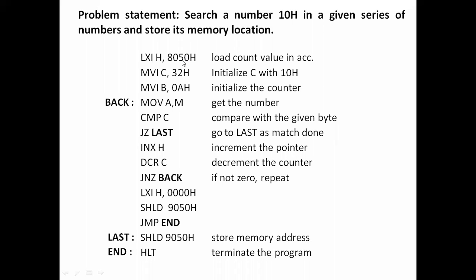This is the initialization of the memory pointer. The explanation is not correct. It is the initialization of the memory pointer from 8050 onwards. This is a wrongly written comment. I will correct it, and then we have to store the number 10 into the C register. Let's correct it.